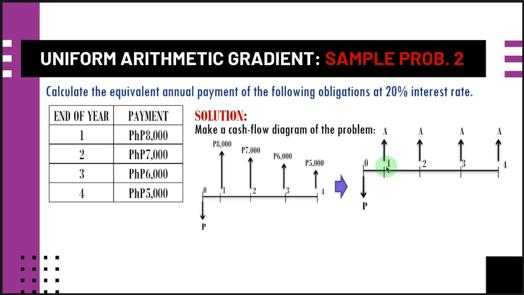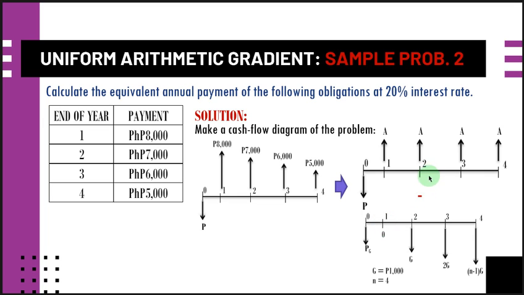And for the second year it is equal to 1,000 since the difference is 1,000. We denote our G here as 1,000 pesos, in which during the first year we have 0, since in the first year A is equal to 8,000. Therefore our value of the gradient here is 0.